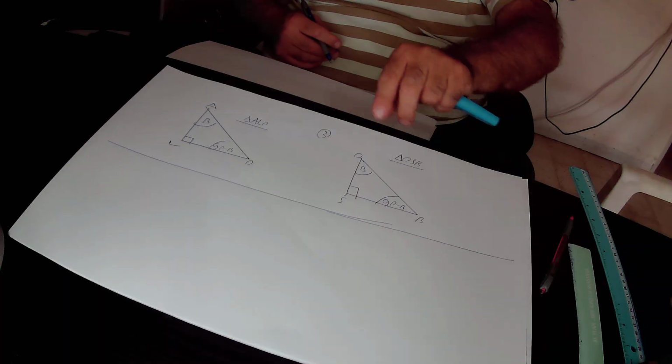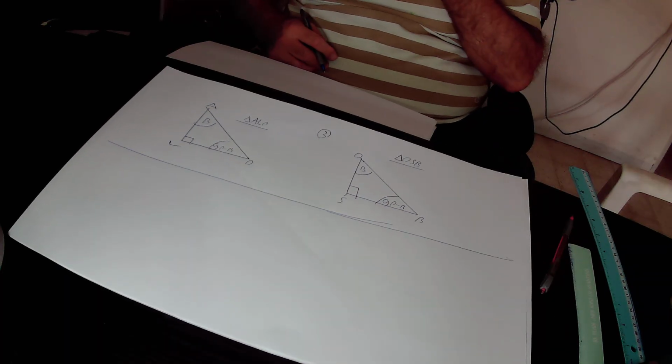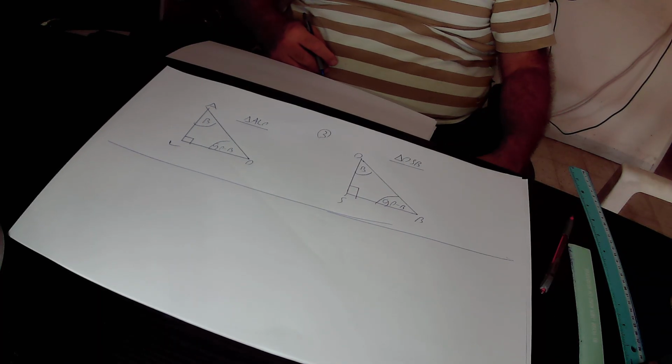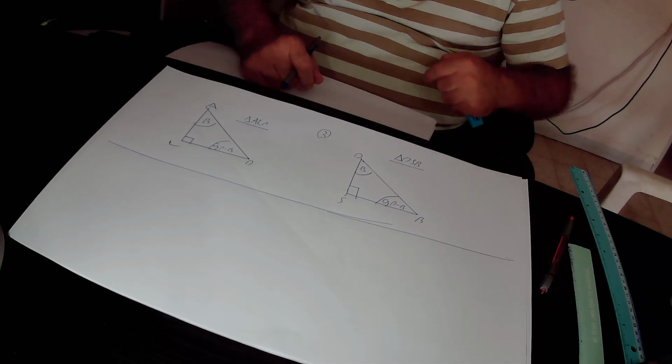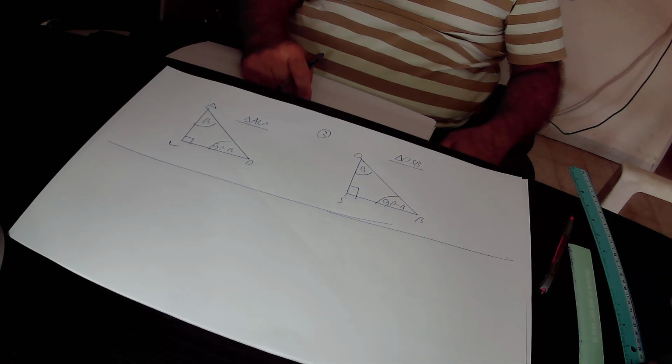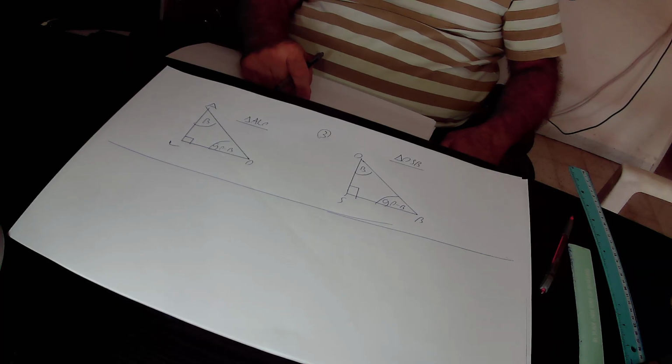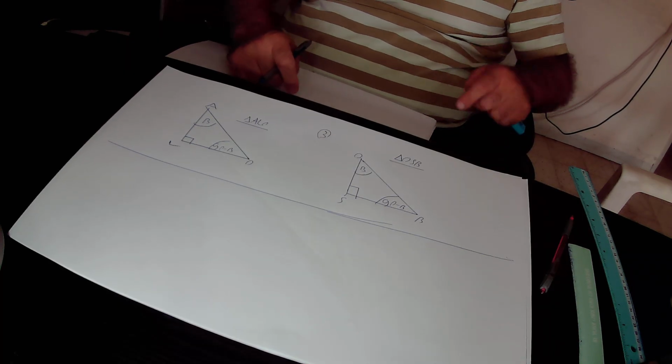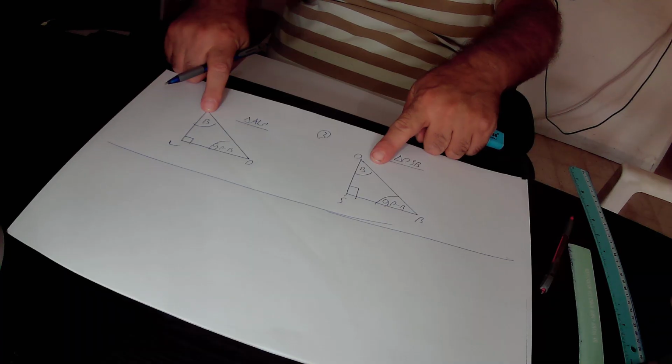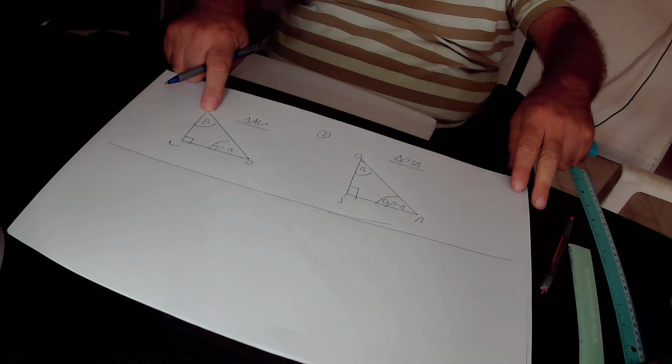Okay, those are the two right green triangles from the original drawing. So why can those two right triangles go into each other? First of all, those two angles are both equal to beta, and therefore they are equal to each other.